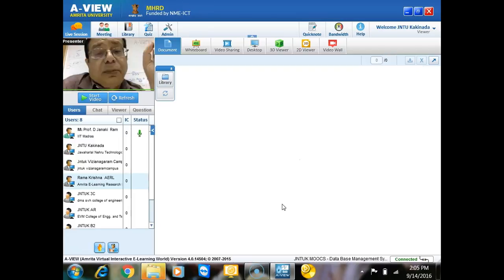Now to make things a little more clear, I've put some functional dependencies, but more functional dependencies can be derived from these, which I'm going to do in today's class. Whatever functional dependencies you start with, this is a set of functional dependencies, and more can be drawn out of it.